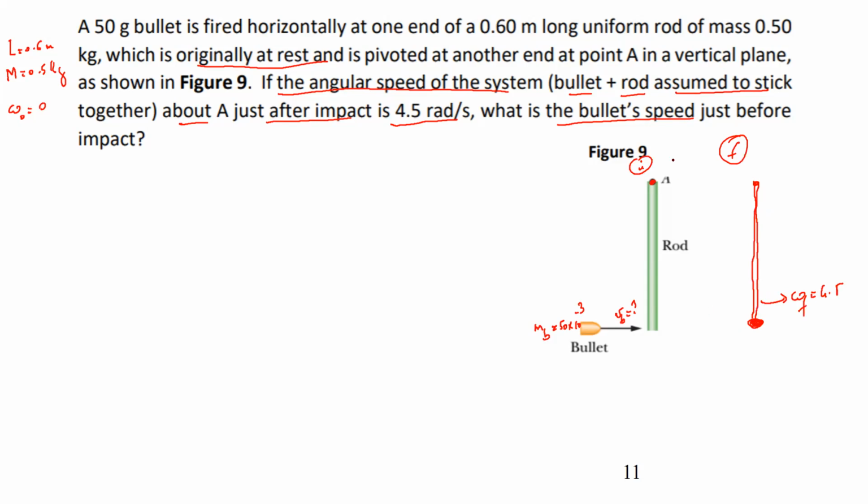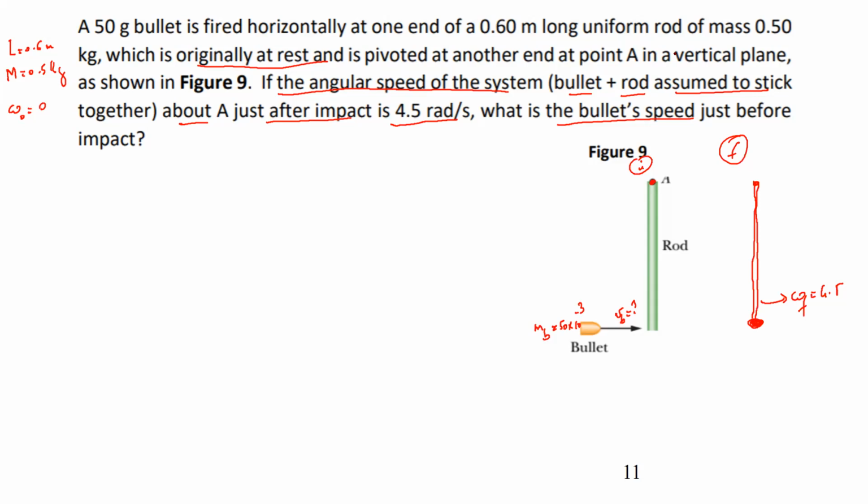Yes, somebody has a question? It will be like a completely inelastic collision. Good point. Exactly. It will be like a completely inelastic collision. But I will not talk about this here, because here I'm rotating. So I will just say conservation of angular momentum.